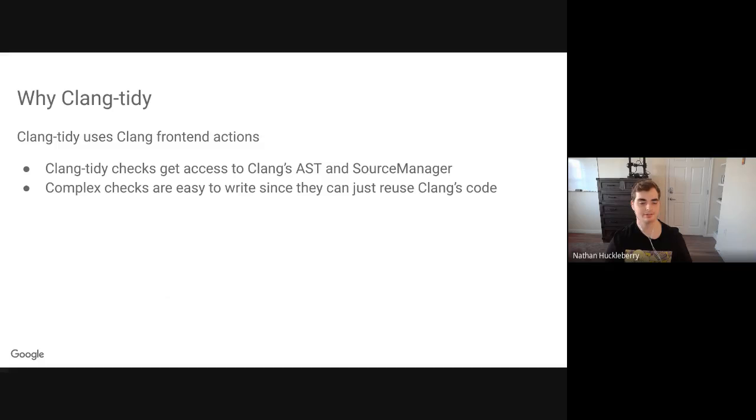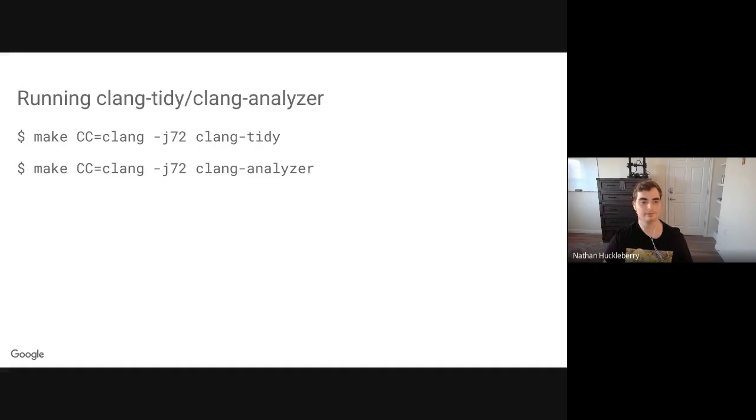It's super helpful when trying to implement some sort of style check or codebase warning, because you can just reuse Clang's code and you don't really have to write anything yourself. You just look at the Clang documentation and then immediately write a check from that.